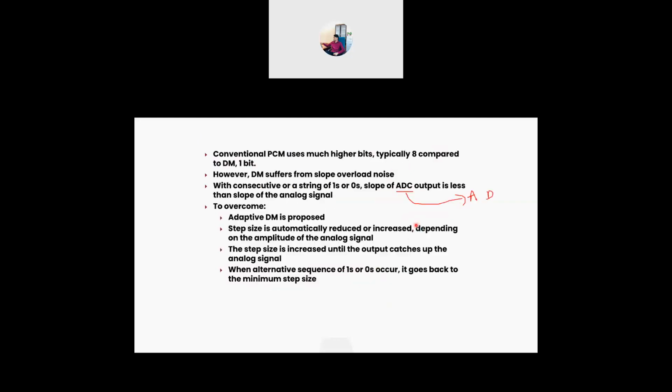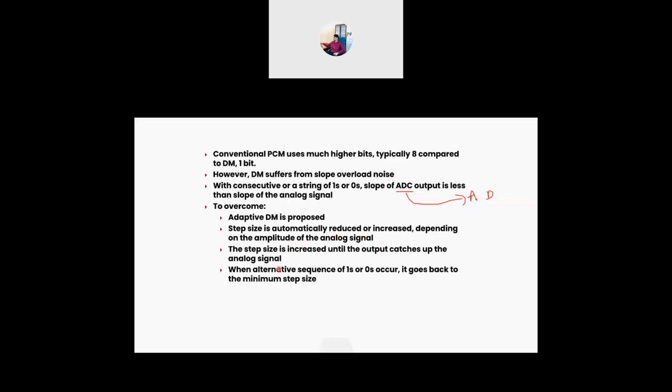To overcome that in delta modulation, adaptive DM is proposed. The step size is automatically reduced or increased depending on the amplitude of the analog signal. So if there are changes in the information signal based on the amplitude, the step size will vary so as to catch up to these changes.